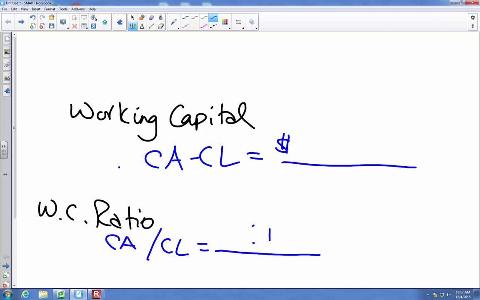In other words, what it says is, for every $1 of current liabilities, how many dollars of current assets do I have to cover them?